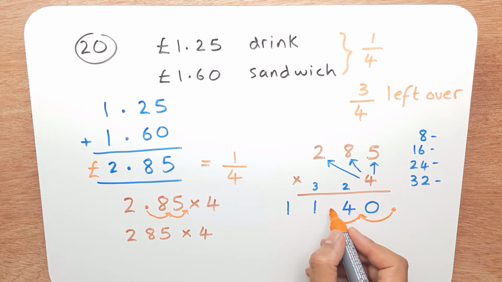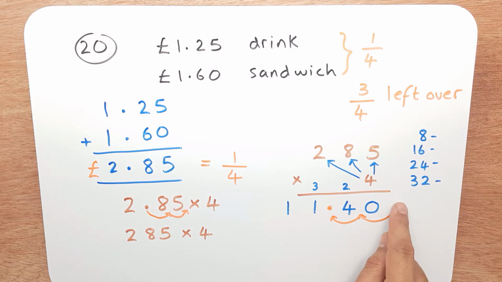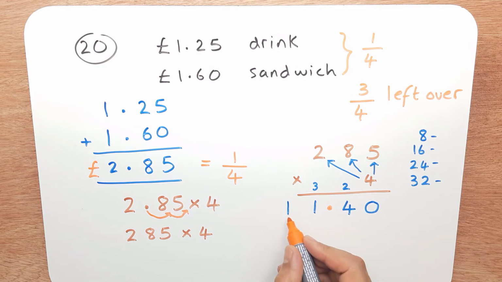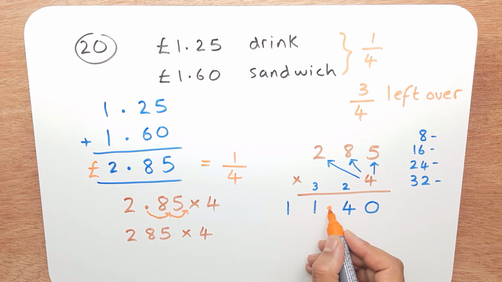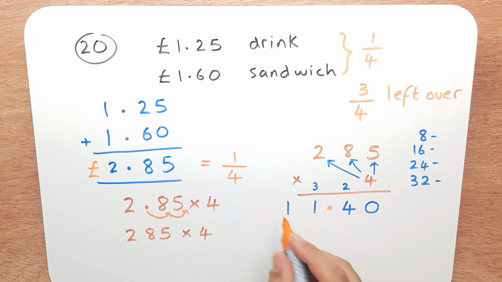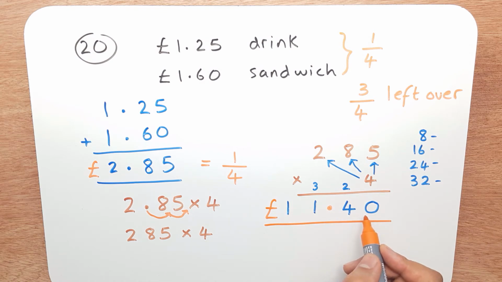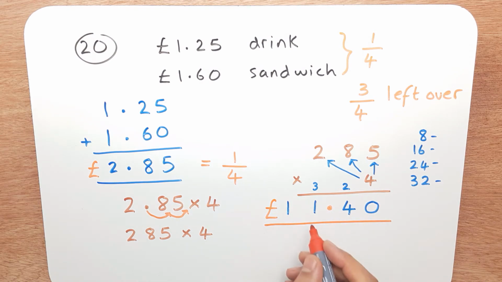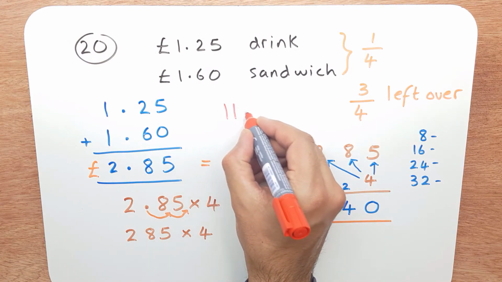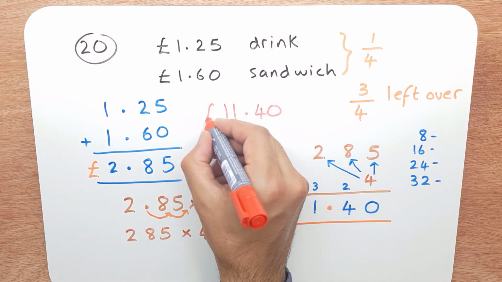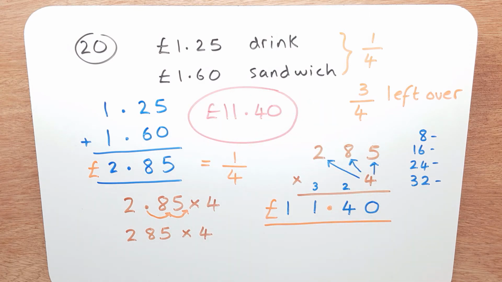So now my decimal point has come here. So all I simply do in my mind is remove this and this. And my number now is 11.40. And because it's money, I can say it's £11.40. So Lara had £11.40 to start off with.